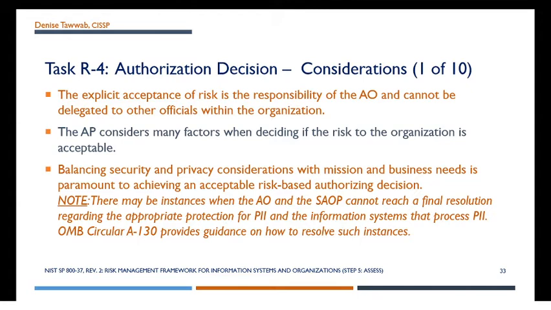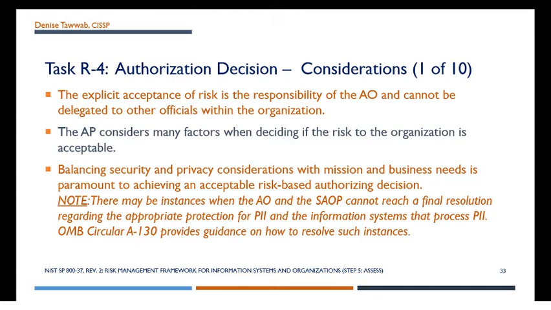The AO considers many factors when deciding if the risk to the organization is acceptable. Balancing the security and privacy considerations with the mission and business needs is paramount to achieving an acceptable risk-based authorization decision.